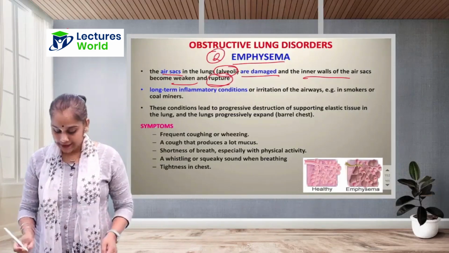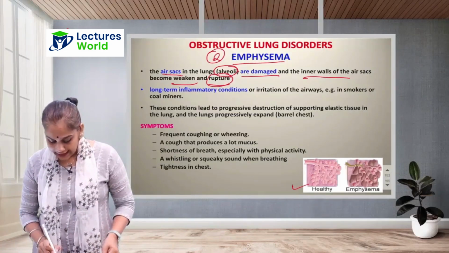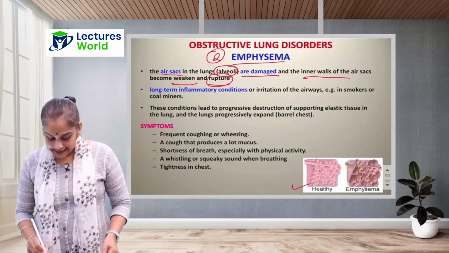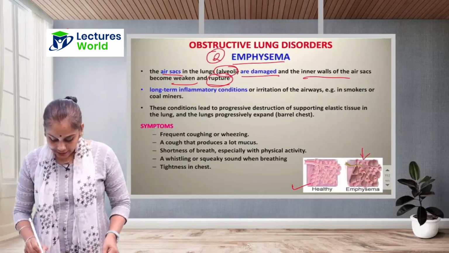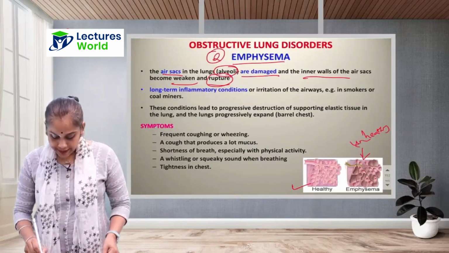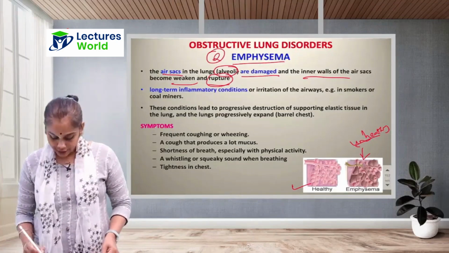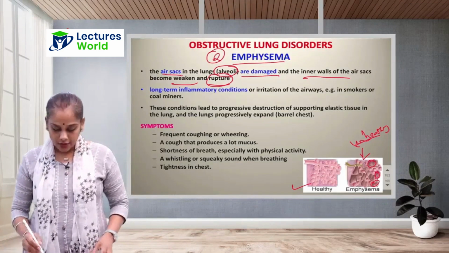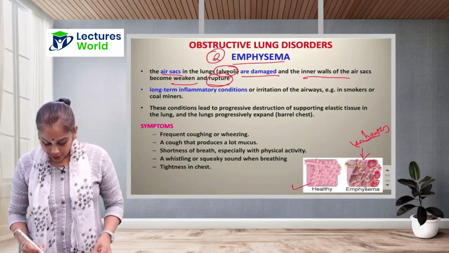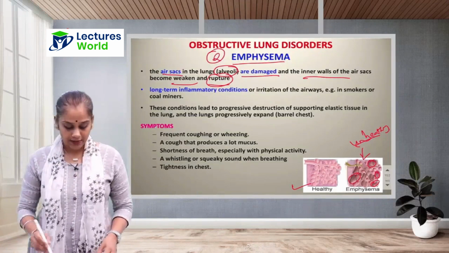You can see in the figure, this is a healthy alveoli and this is the emphysema patient's alveoli, with rupture or a weakened wall of the alveoli.